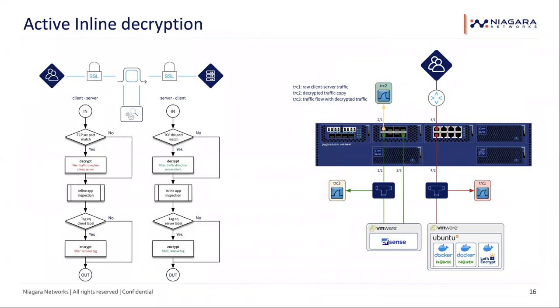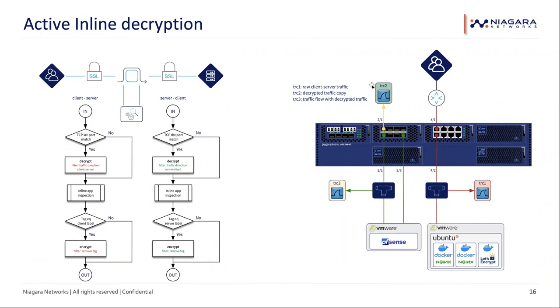Finally, active inline decryption. On the client side, it's pretty much similar. Client, server, taking a copy of the traffic, but now the traffic is going through a firewall for inspection.